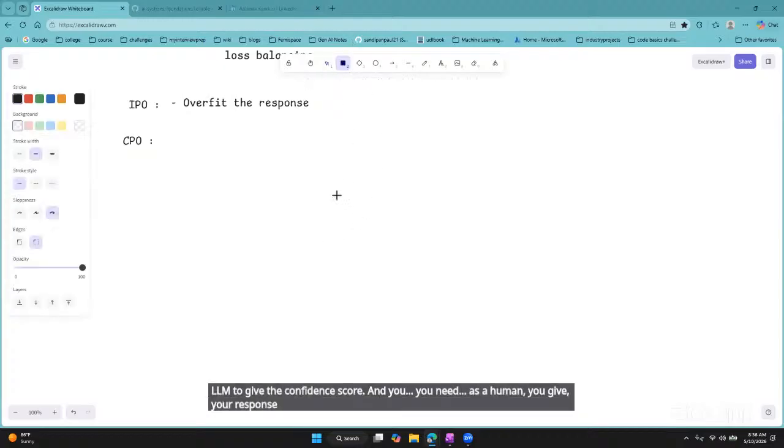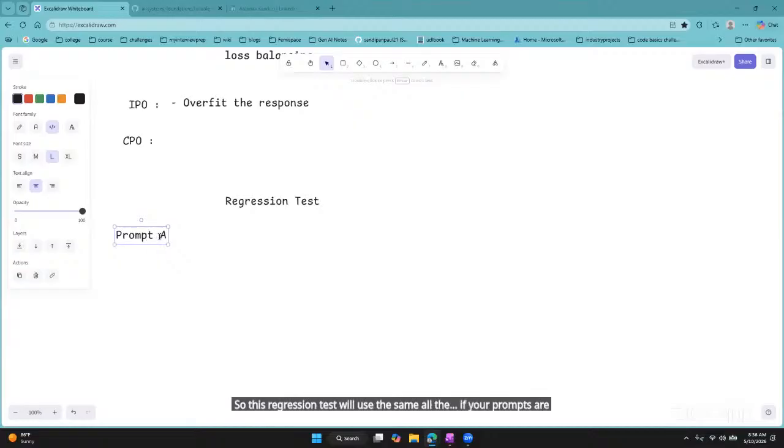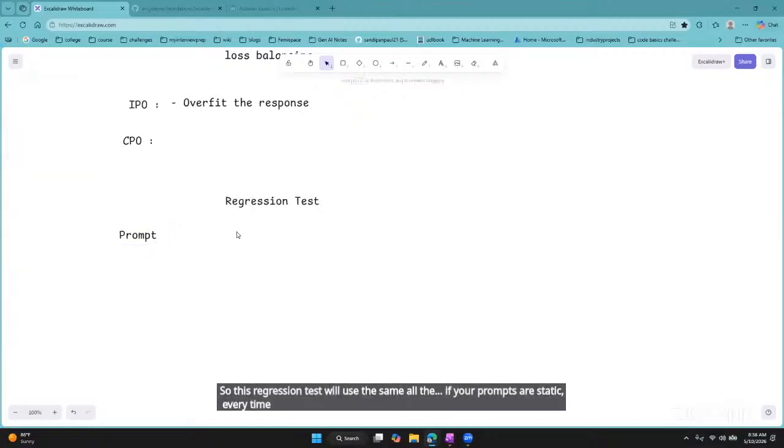For example, now let me take a table. You are writing a regression test, with the same prompt, prompt A. If your prompts are static, every time the prompt will be the same.